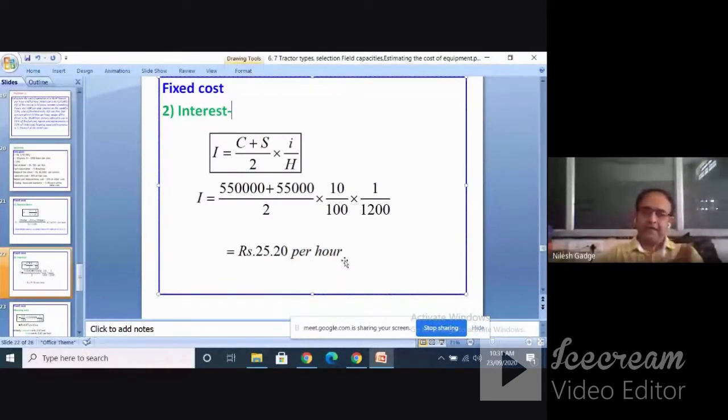So finish it as early as possible. We are calculating the fixed cost, we calculated depreciation, and the second term now is interest. We are calculating the interest and it is calculated like this. So do it fast. And if you have finished, then let me know whether you have finished or not.